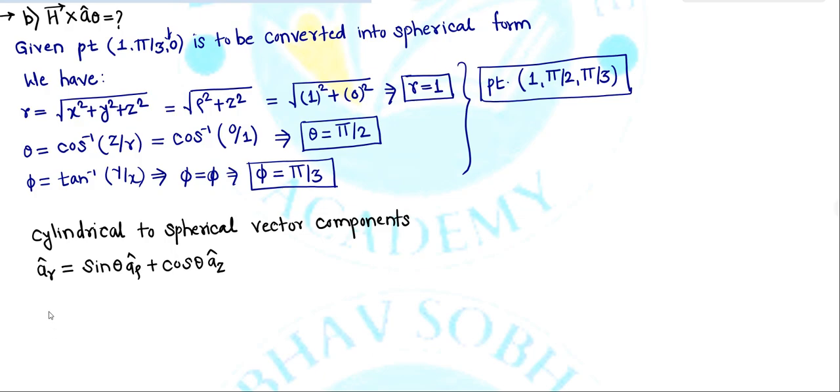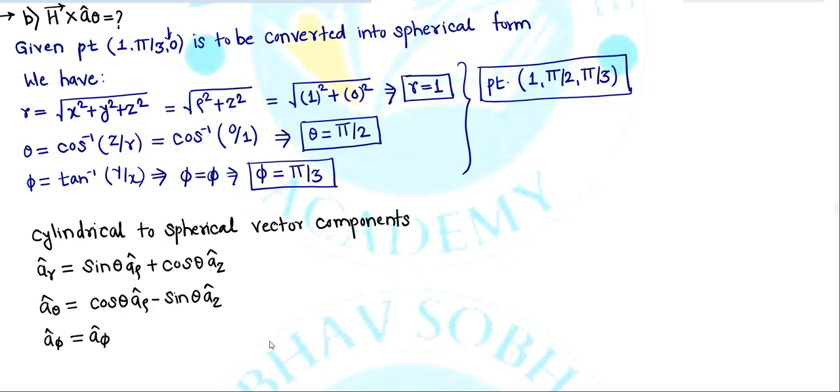Then a theta cap is equal to cos theta a rho minus sine theta az cap, and the phi component is constant, so a phi is equal to a phi.